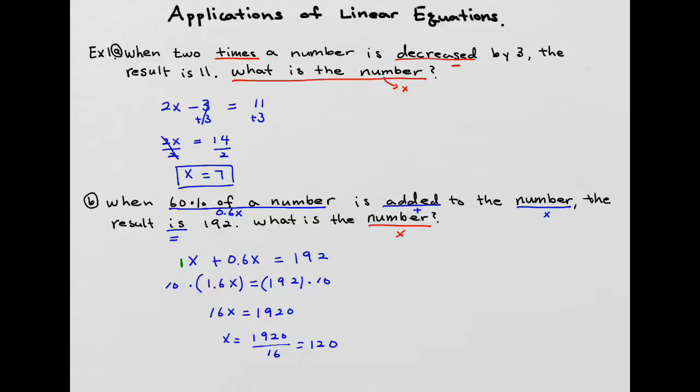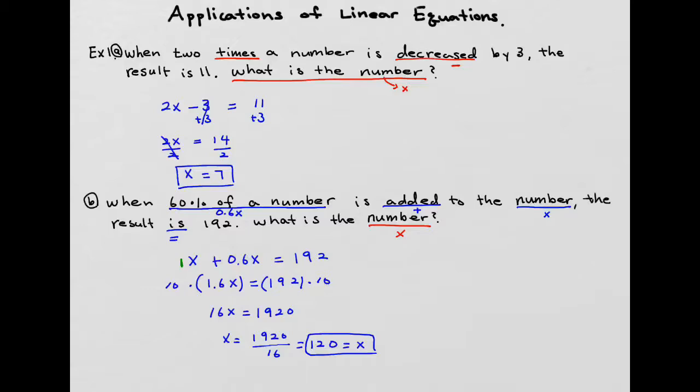So that's the solution you're looking for here. This is your x for that problem. This is the number, and 60% of the number added to the number gives you 192. So you can check this. What's 60% of 120?